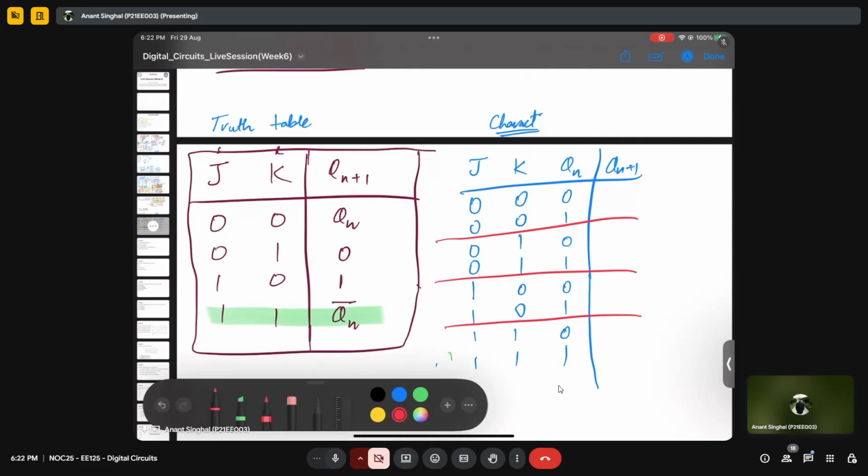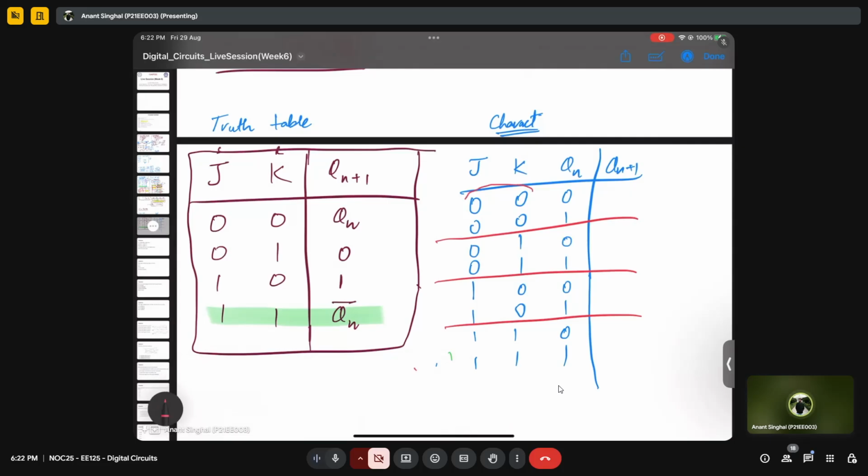Yeah. So let's start with when both J and K are 0, 0. What will be the output of Qn plus 1? Anyone? 0. Yeah, so it will be 0 and here it will be 1 because it is equal to Qn in this case.